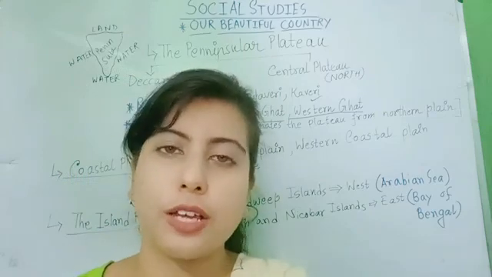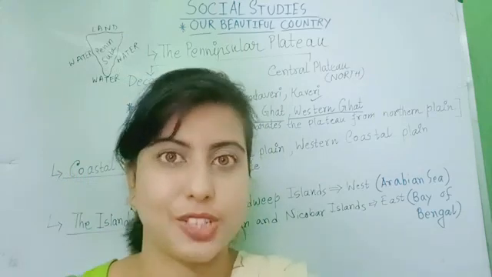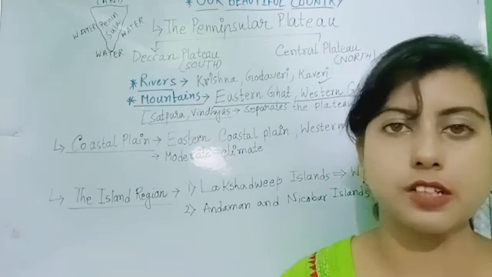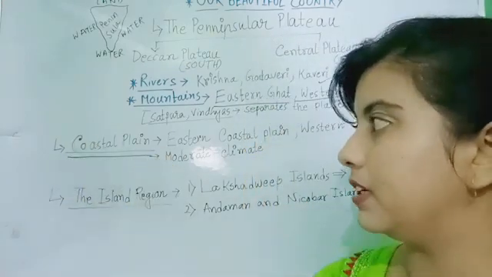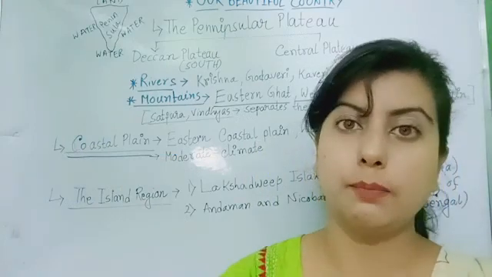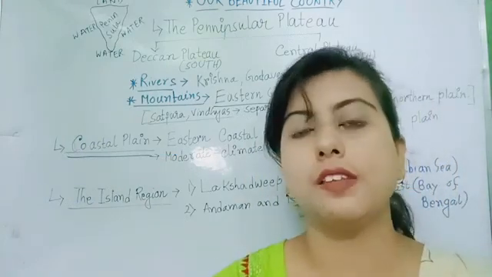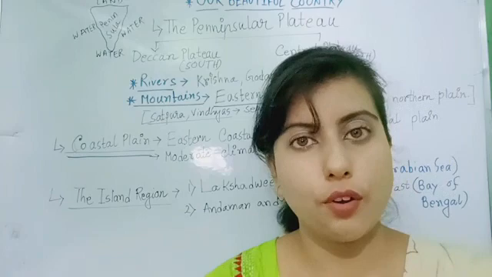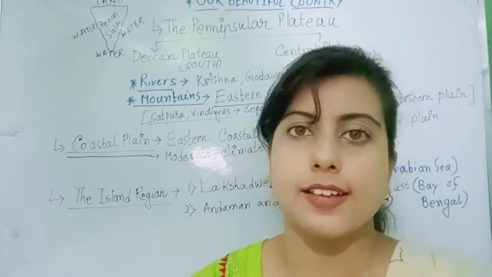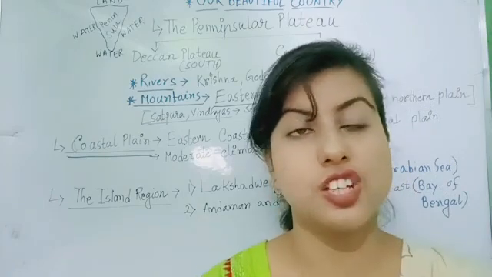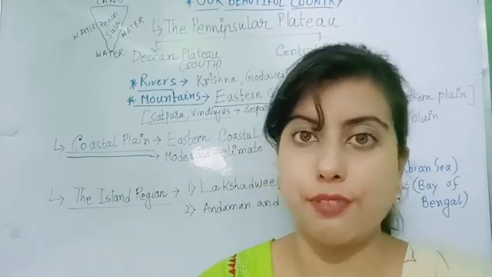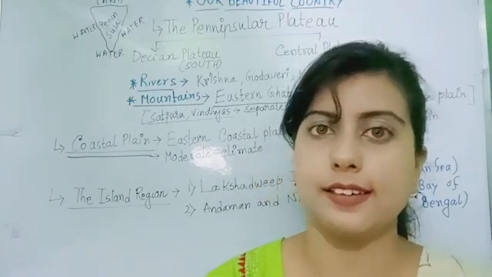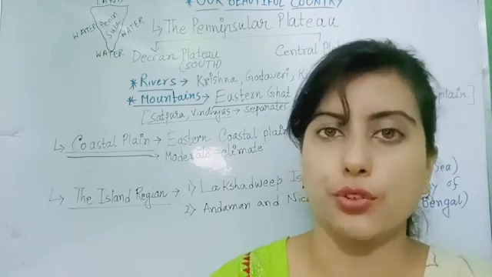Now we will talk about the next category. The next physical division is called the coastal plain. Now what is a coast? Coast is the land that is near the seashore. So the land that can be found near the sea is called the coast.